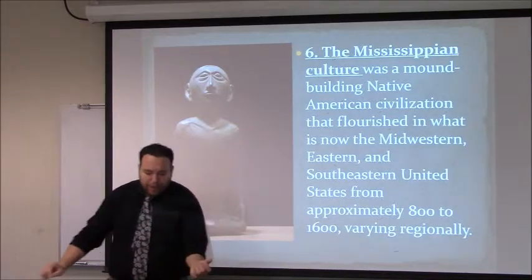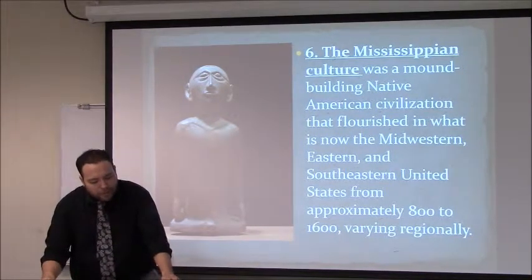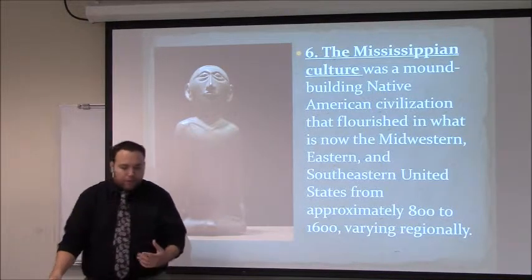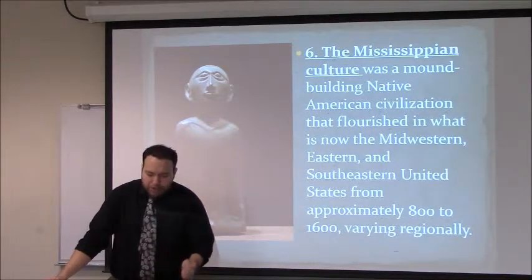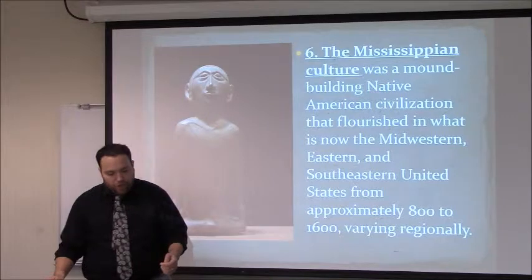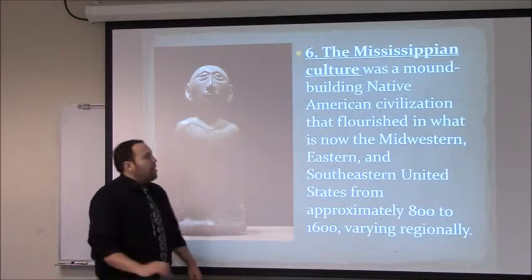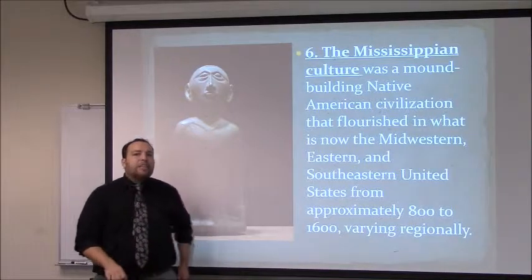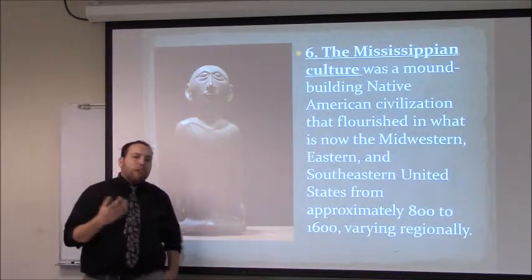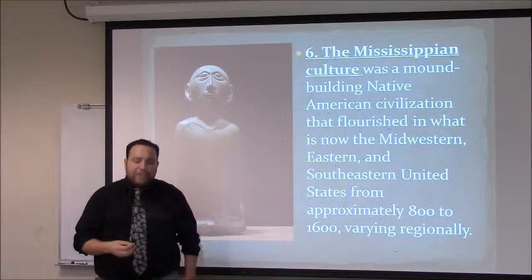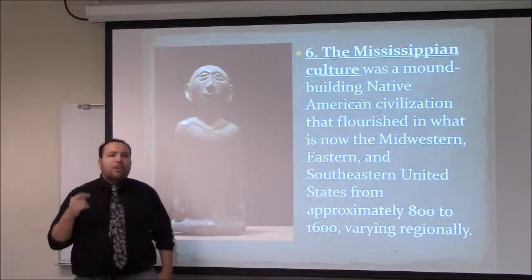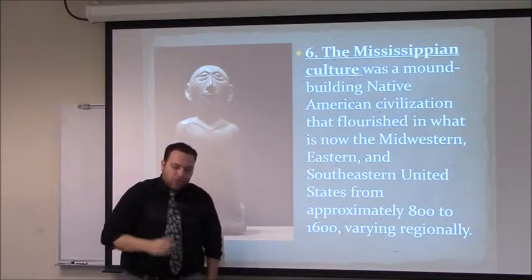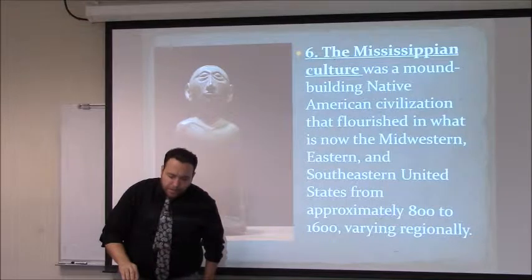The Mississippian culture is another mound-building Native American civilization that flourished in the Midwestern, Eastern, and Southeastern United States from about 800 to 1600 AD. So these guys were still around. This culture was still prominent by the time Westerners started to arrive in North America.